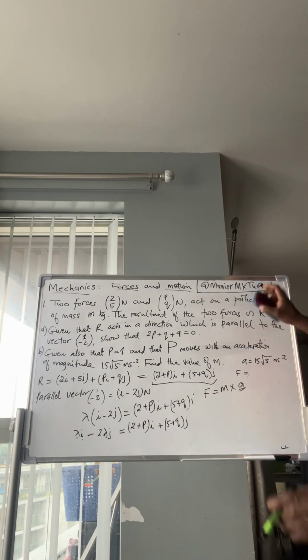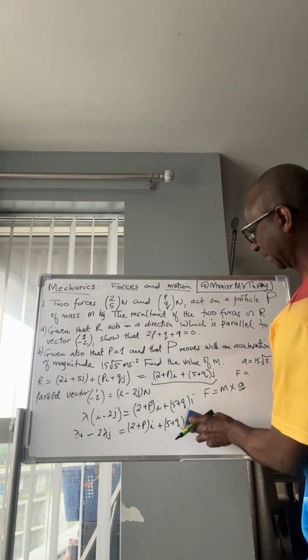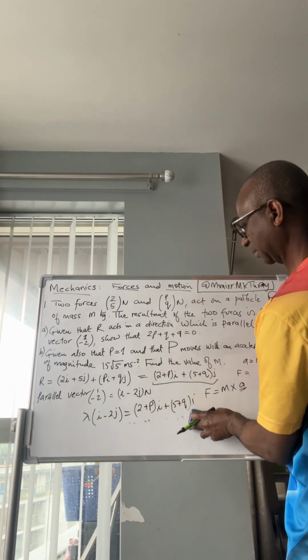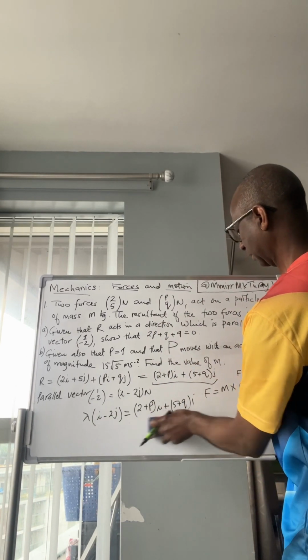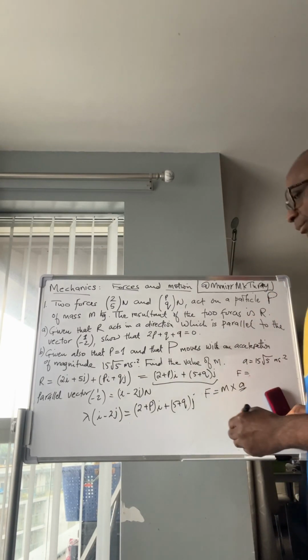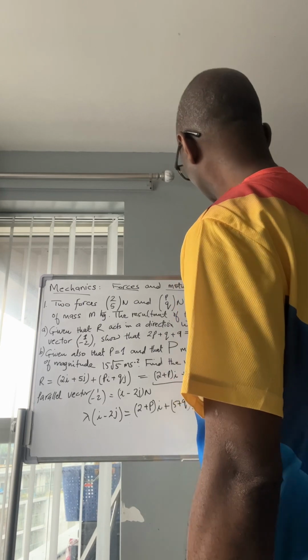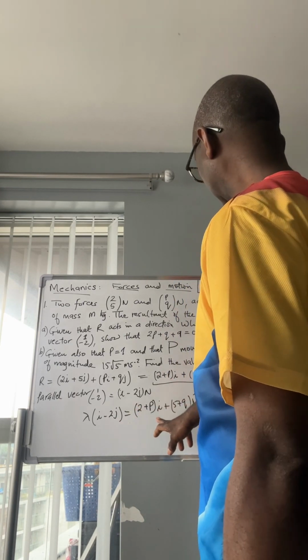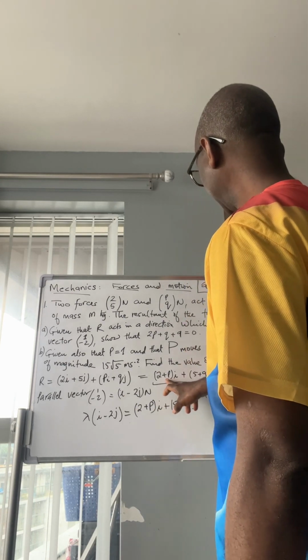Okay. So let me take this off. This is J. We are told that P is 1.